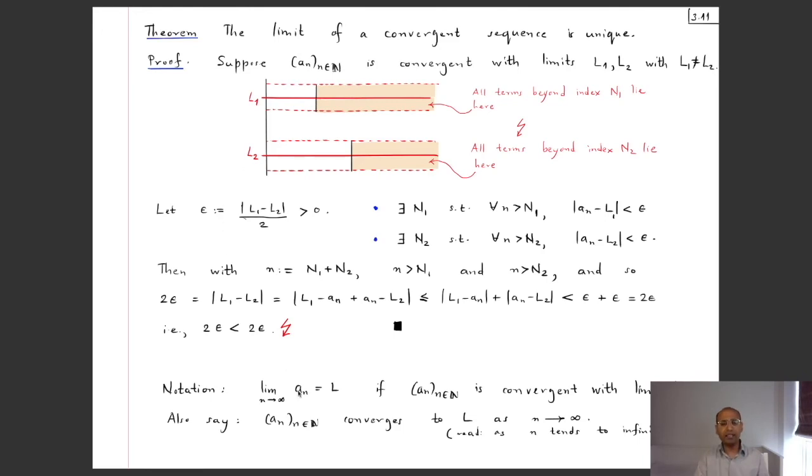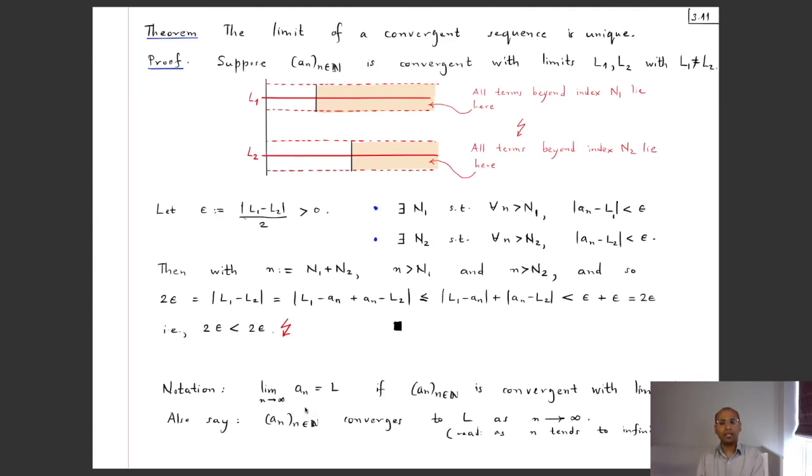And in fact, that justifies why we can use this notation, because once you know the terms of the convergent sequence, then unambiguously we know what the limit is. So it makes sense to write for this limit this notation just in terms of the sequence.